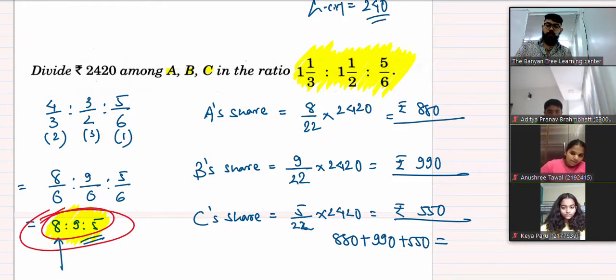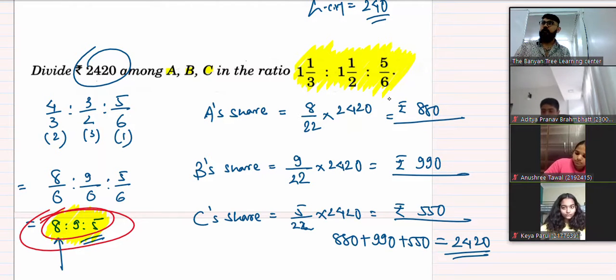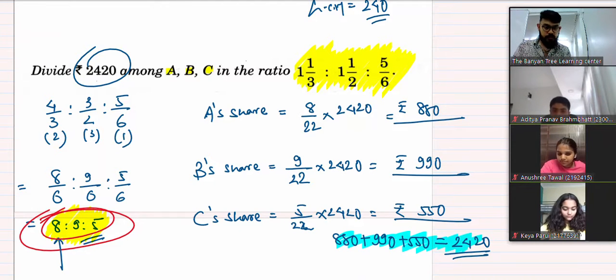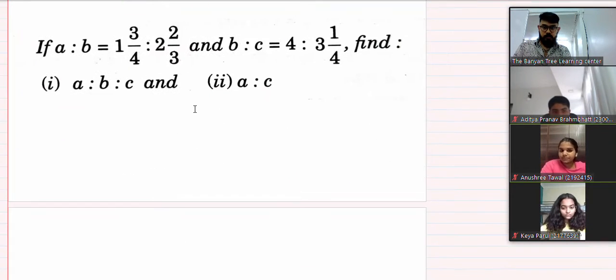So 2200 plus 220 is 2420, which is the amount to be divided, which we got initially. You got that? This is checking after you've got the answer. Okay, next.